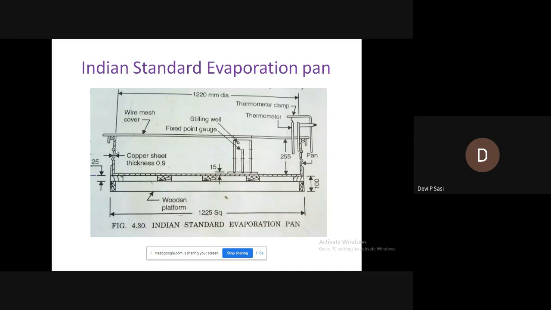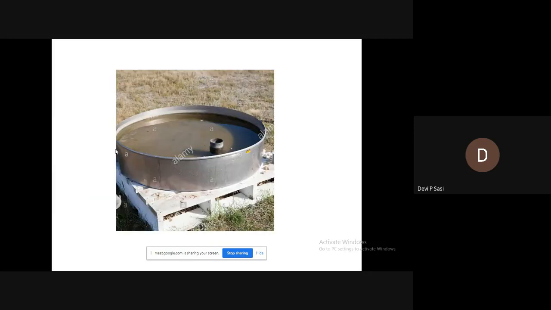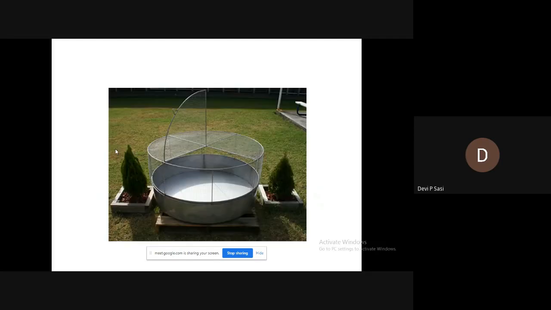You can refer to this also. As I told you, it consists of hexagonal wire netting of galvanized iron mesh.